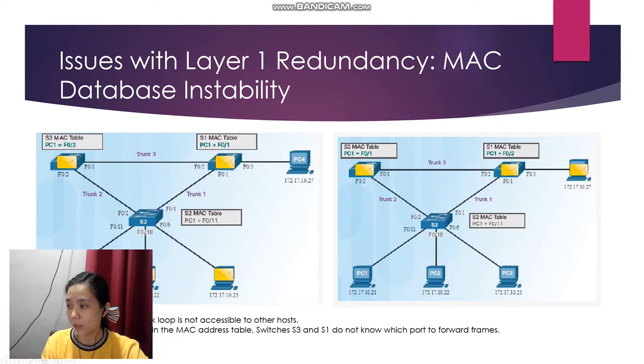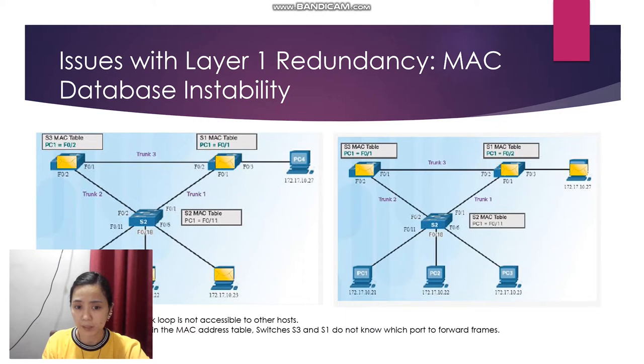Then S2 forwards the frame out of all ports except the port that the frame came in on. So, S1 and S3 receive the frame on a trunk and update their own MAC address tables that PC1 is reachable through the trunk port.